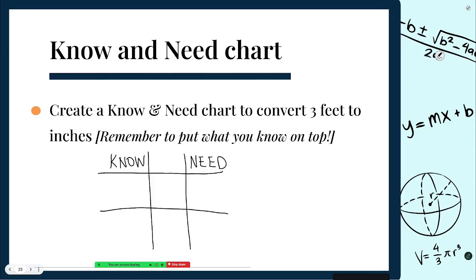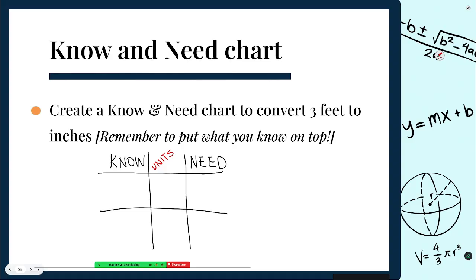And this is how we're setting up ratios. So I'm going to show you how it looks with the know and need chart. If we're looking at our tic-tac-toe board, we have the top row, know, on the far left. Then we're putting our units, and our need in the top right.